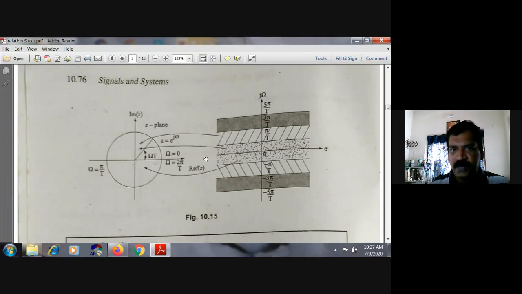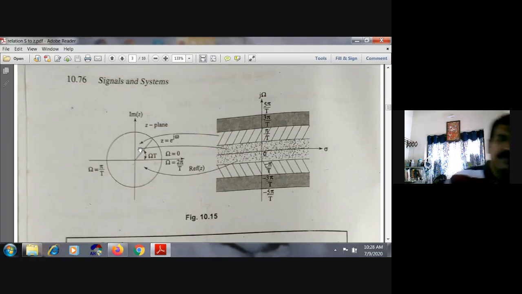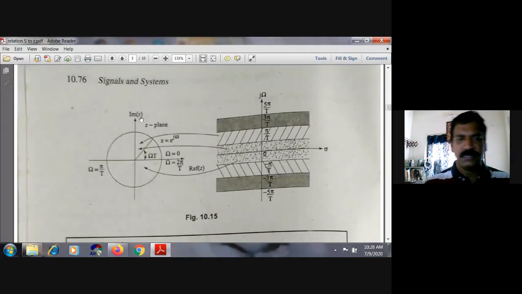Another case: suppose a pole is located in this shaded region, within pi by t to 3 pi by t. After one rotation it again reaches the same point, so mapping a point in this area is almost the same as the earlier one. That means this is a repetition.